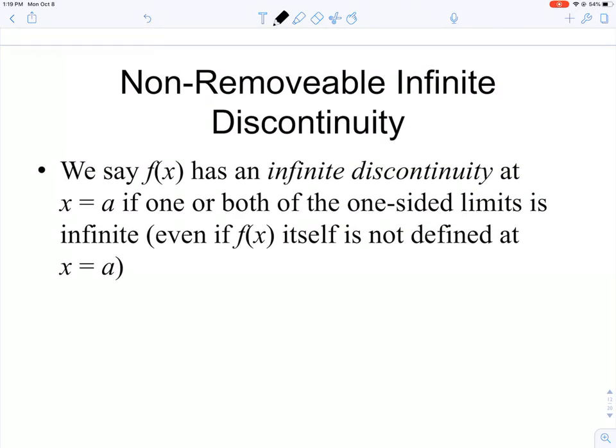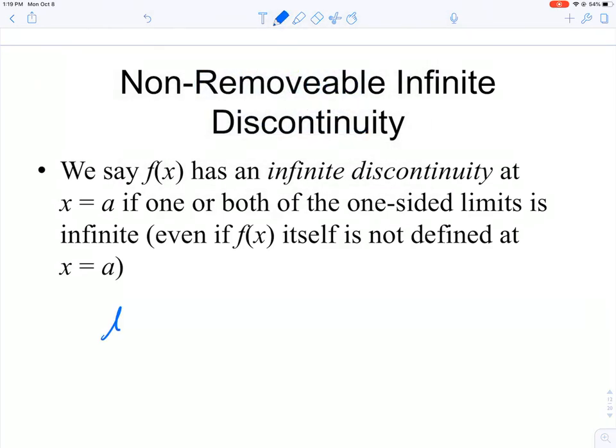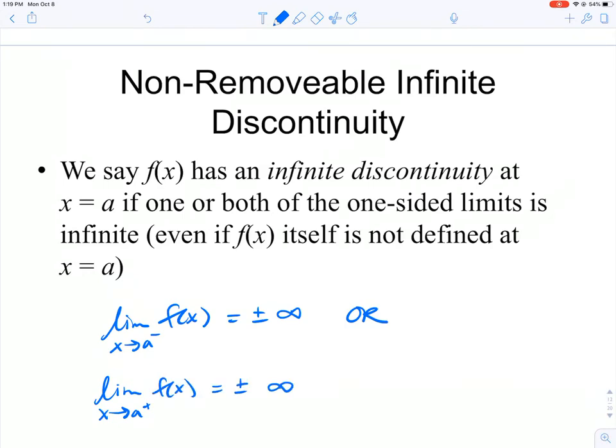All right, non-removable infinite discontinuity is the other type of non-removable discontinuity. So we say f has an infinite discontinuity at x equals a if one or both of the one-sided limits is infinite. So basically, if the limit as x approaches a from the left is equal to positive or negative infinity, or if the limit as x approaches a from the right is equal to positive or negative infinity.